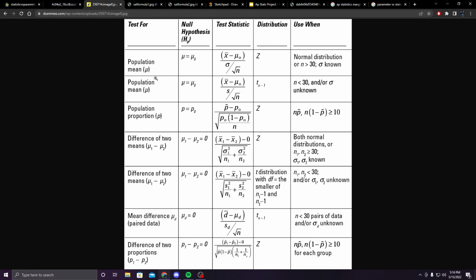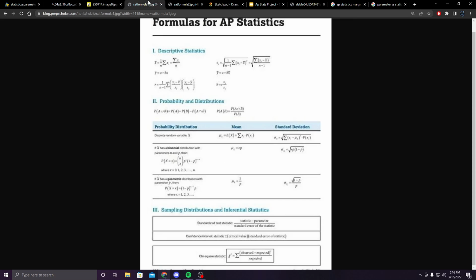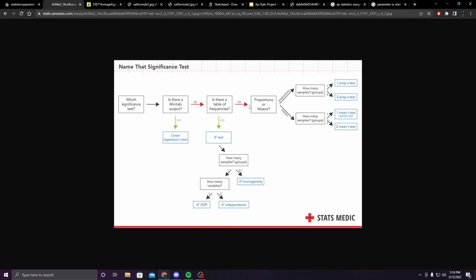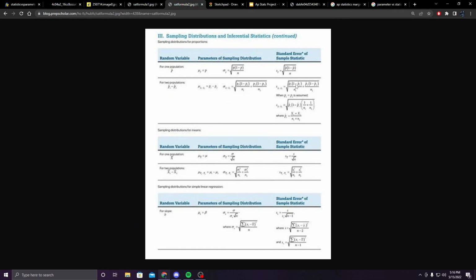Doing the z and t tests are practically the same. I'll show you the difference between them, but you just need to make sure that you're using the right formulas for each. So instead of this, I'm going to actually walk you through this sheet.